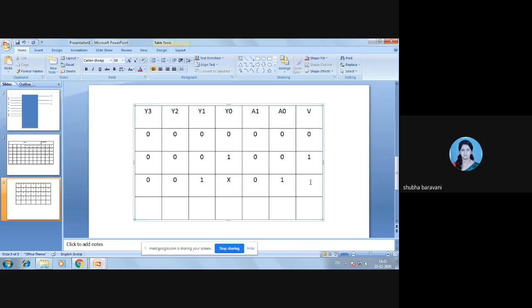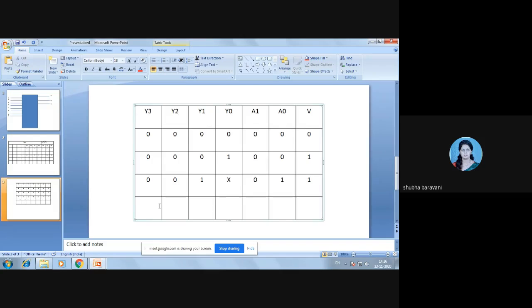What would be my V? 1 or 0? V would be 1. Correct. Understood now? Priority encoder.